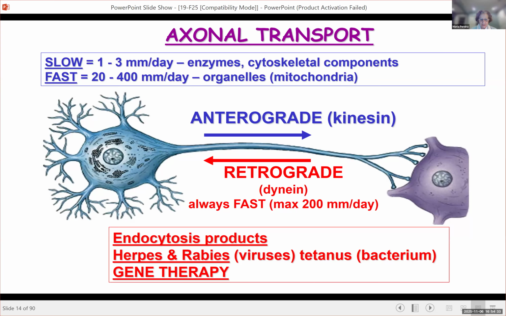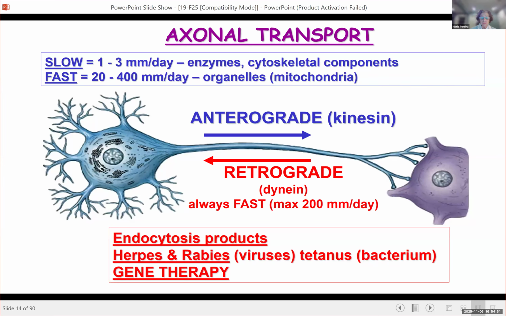So viruses, they're very smart. They come in through the axon terminal into the cell through endocytosis, and then they reach... because here there's no nucleus, it will be very hard for the viruses to divide.